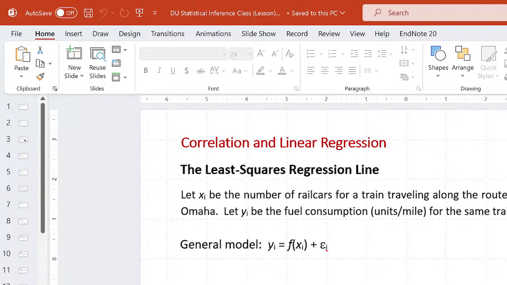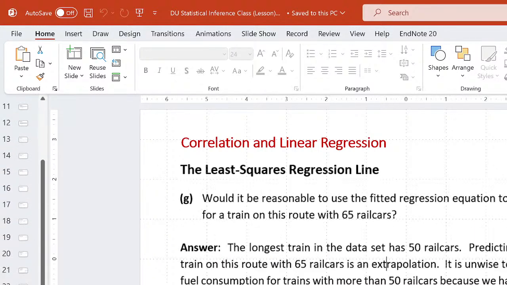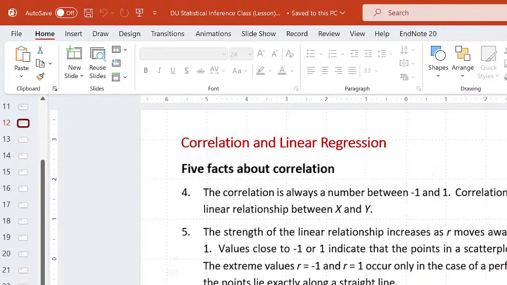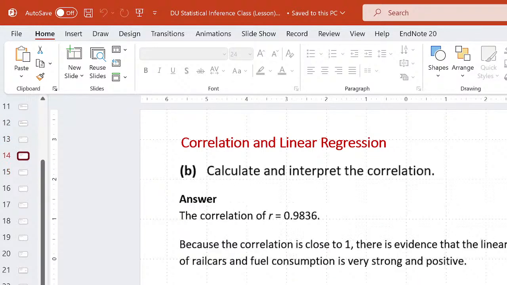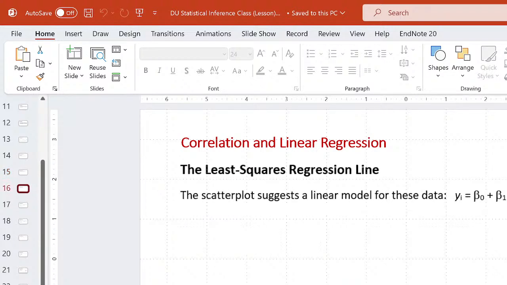You can use a linear model, a quadratic model, a power model, an exponential model. These are all models that are used, and you touch upon them in that other class. But we're going to keep it simple. Let's start with a linear model. The data suggested a linear model; that's pretty much why we're going for it.